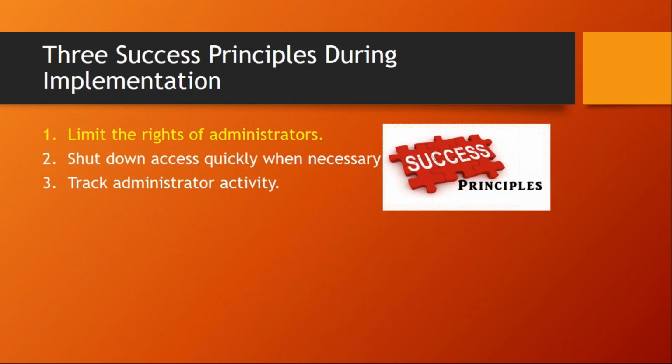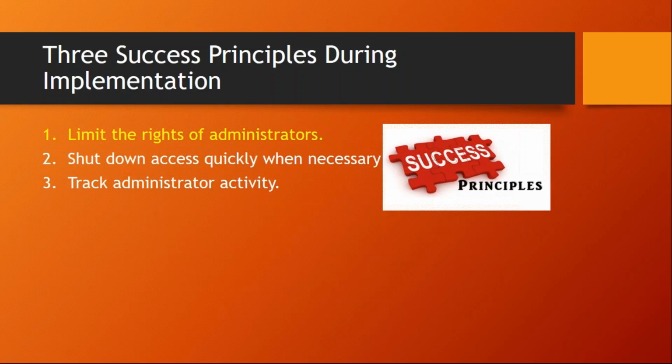Second, shut down access quickly when necessary. Some companies physically escort terminating employees and contractors off the premises. Although being walked out of the property by a security guard is embarrassing, unfortunately it's a necessity sometimes. But as soon as those people are gone, you need to shut down access, clean out those accounts and make sure they can't access their accounts.